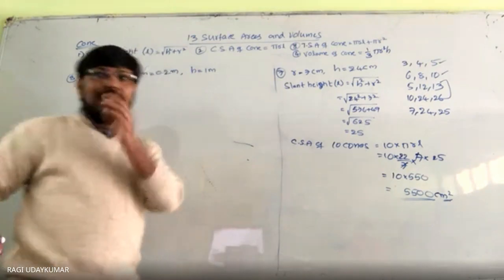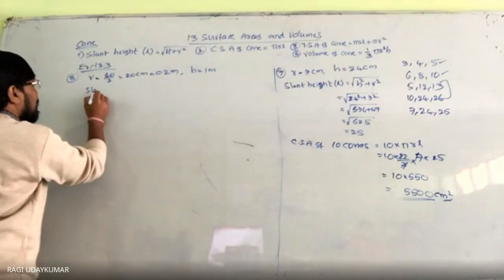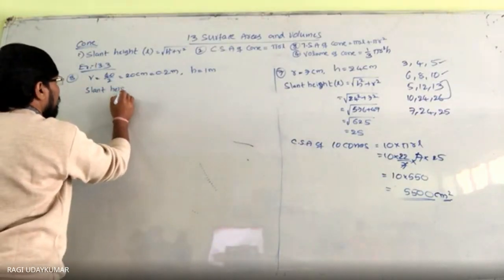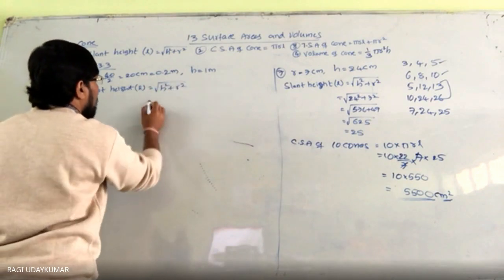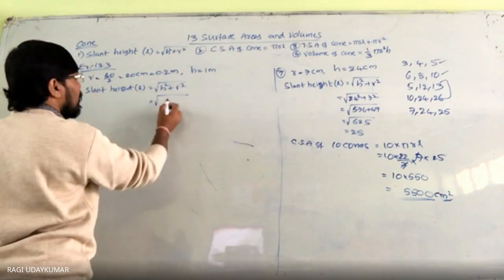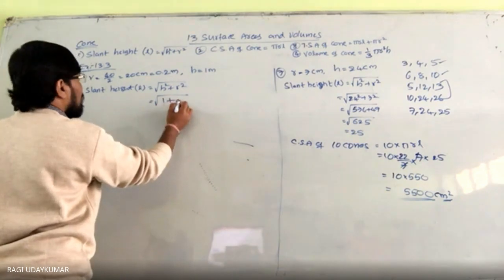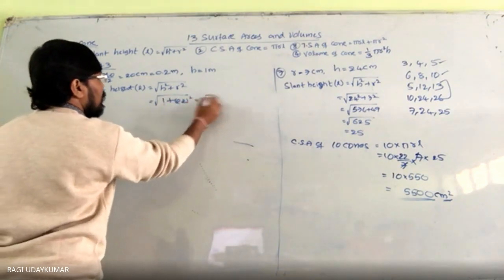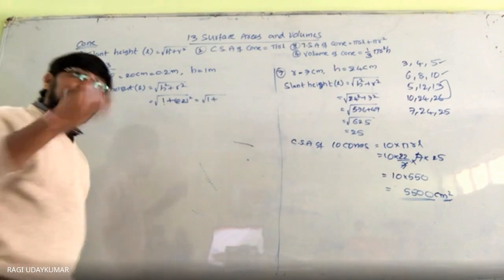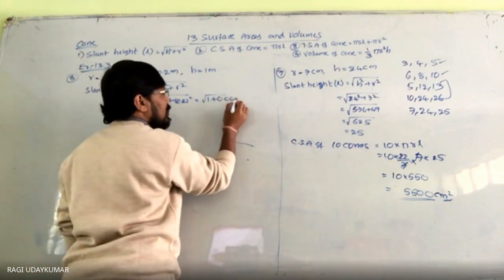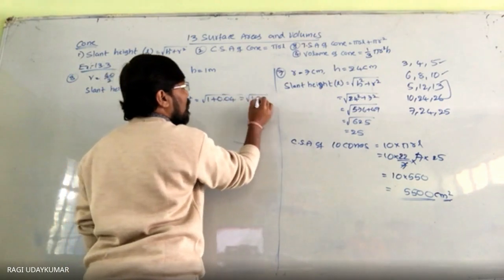So here slant height l is equals to under root of h square plus r square, which is equals to 1 plus 0.2 whole square, which is equals to 1 plus 0.04, which is equals to 1.04.